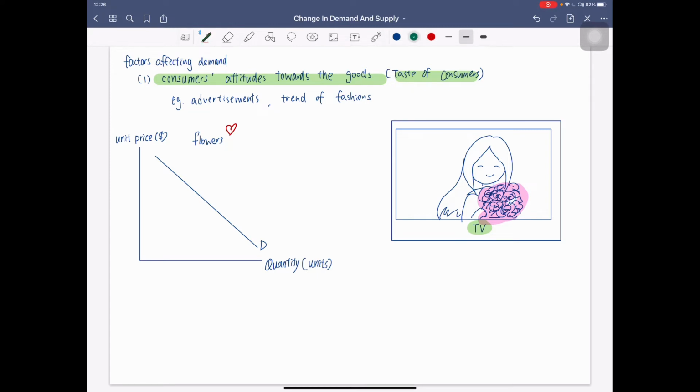So what will happen? The original demand curve, we label it as D0. Because there is an increase in demand due to this factor, the change in taste of consumers, the demand curve is going to shift to the right.